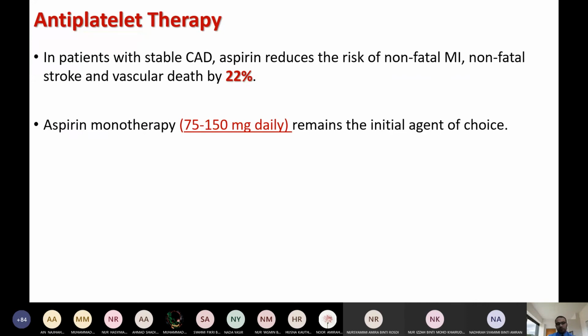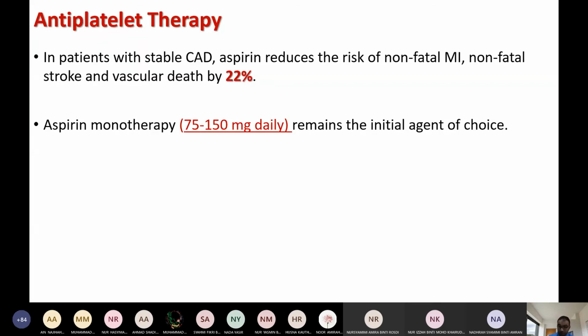Aspirin monotherapy in doses ranging from 75 to 150 remains the initial agent of choice, because, as you may have been exposed to in the body system courses, there are so many antiplatelet agents: aspirin, clopidogrel, prasugrel, ticagrelor.